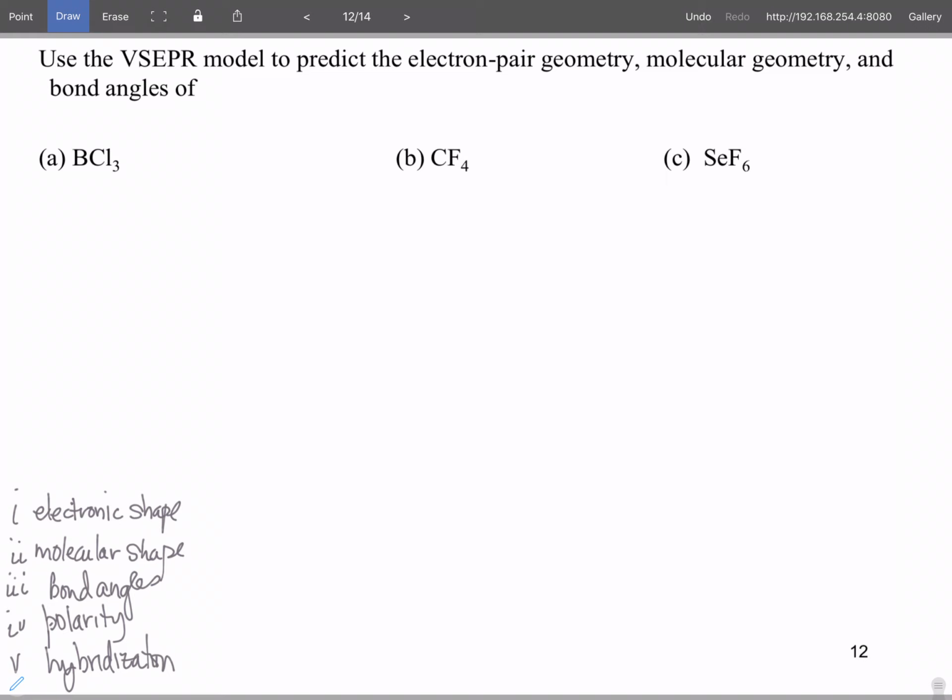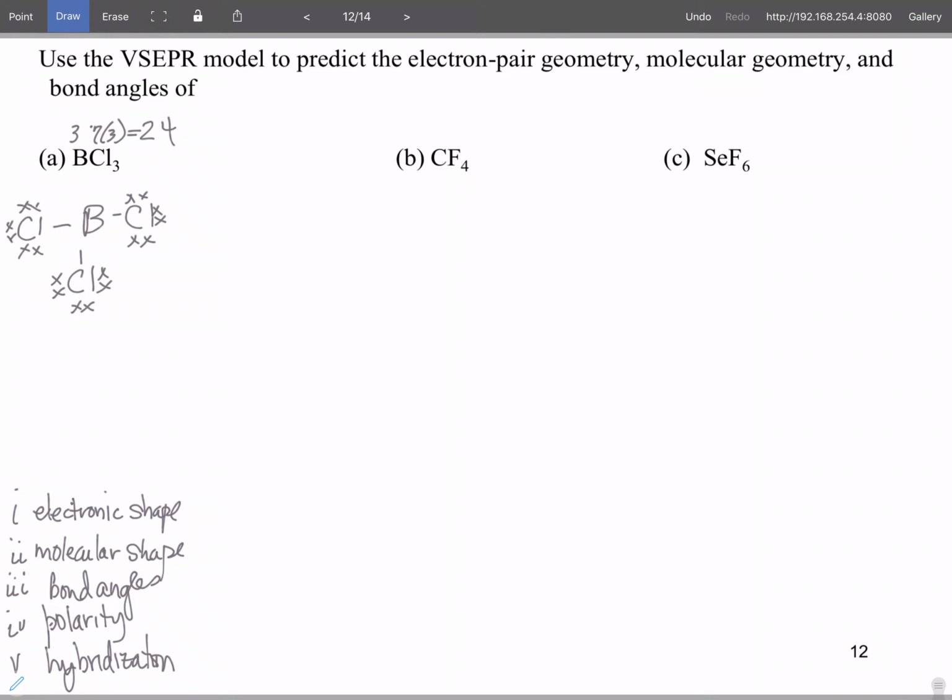So I'm going to draw the structure. Boron is 3, chlorine is 7 times 3, which is 21, so we're at 24. Boron's the central atom, so I have chlorine, chlorine, and chlorine. So that's 3, 2, 4, 6, 8, 10, 12, 14, 16, 18, 20, 22, 24.